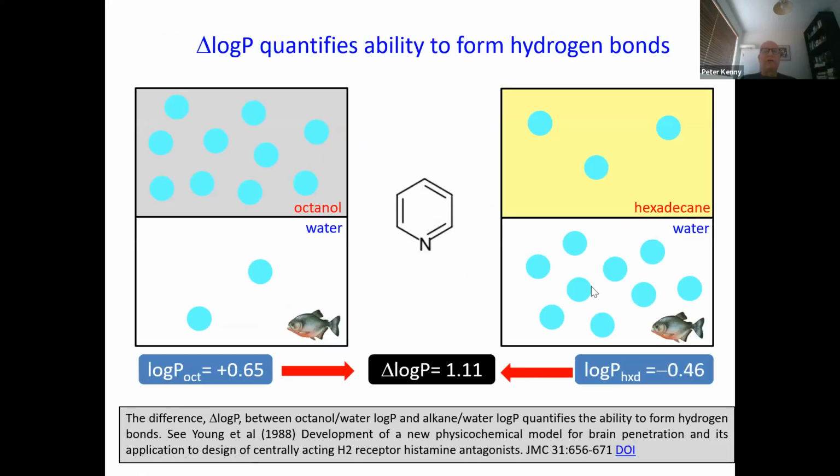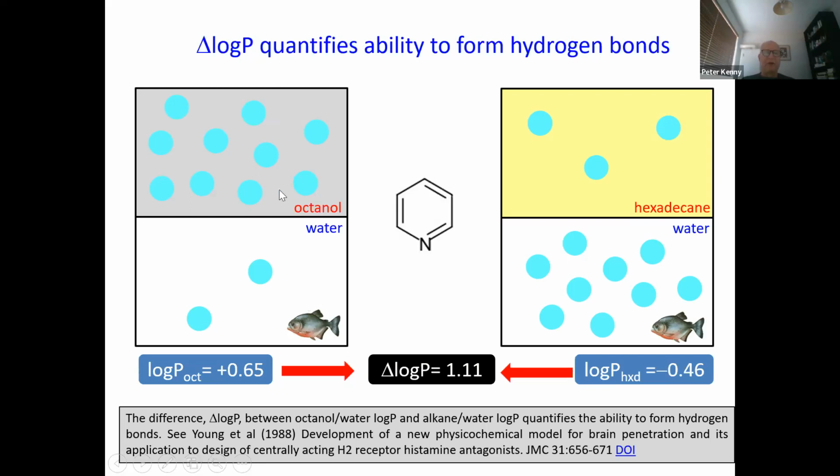So I promised you some slides on logP. What I'm going to talk about here is partition coefficients. But I'm also going to show you how, depending on what the organic solvent is, you get different behavior. So here, this is pyridine, octanol and water. You've got the piranha here to tell you this is the water layer.